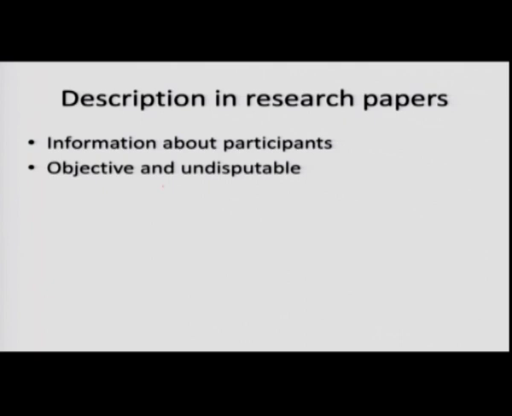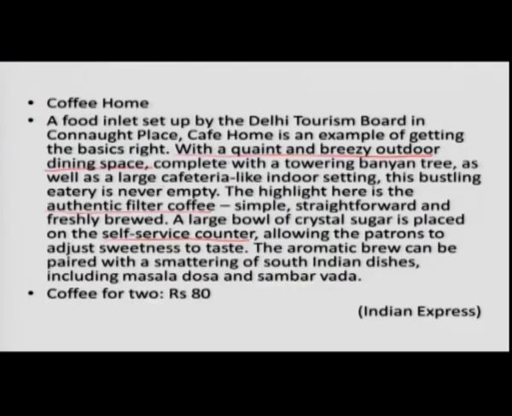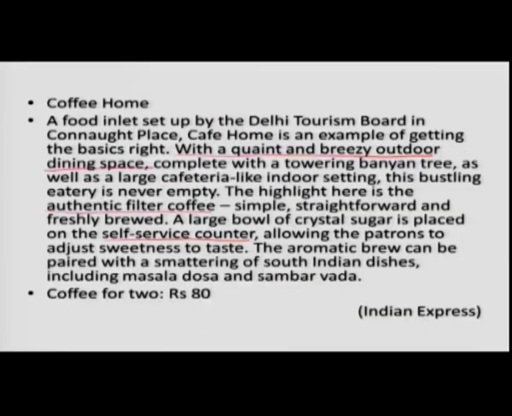and it is contrasted with subjective description. I am going back to this example. This you can say is a subjective description. Here the writer likes this place and hence you have positive images about this place. For example, authentic filter coffee, simple, straightforward and freshly brewed.